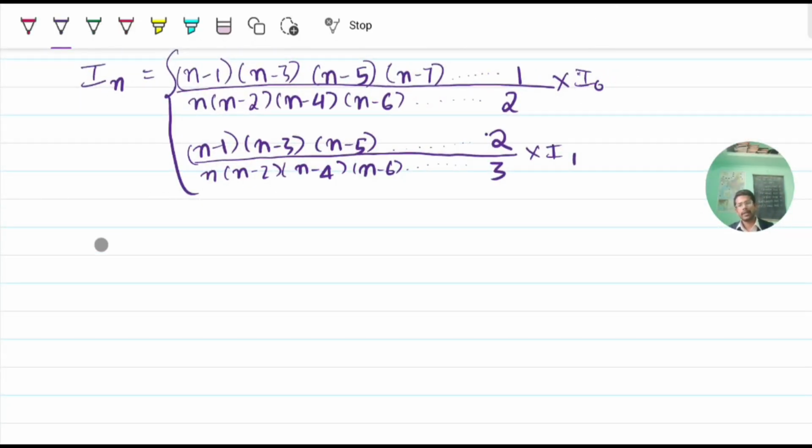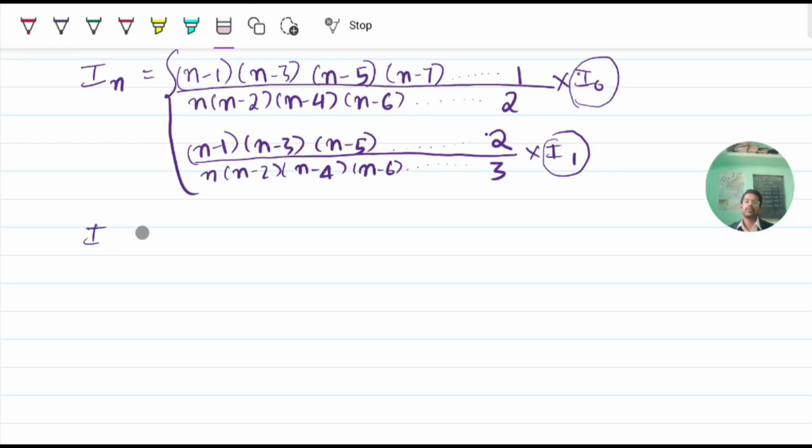Okay, then I_n is equals to, we have to find the values of I0 and I1.